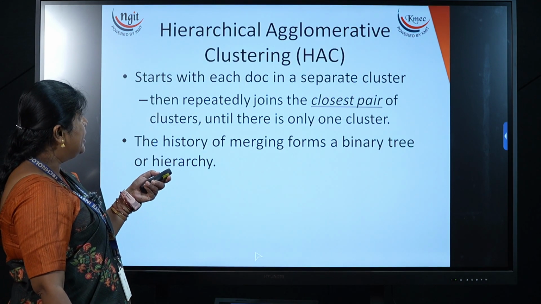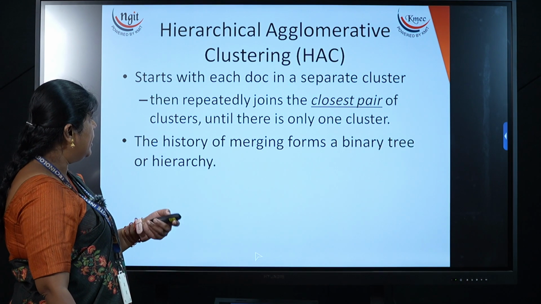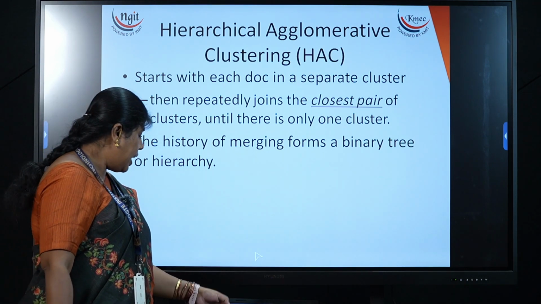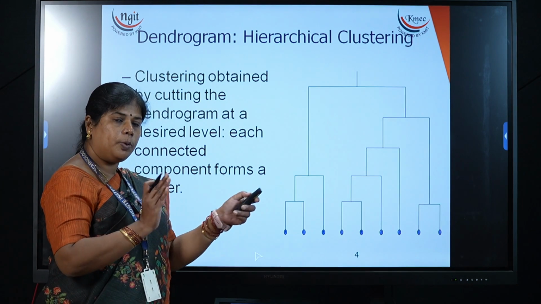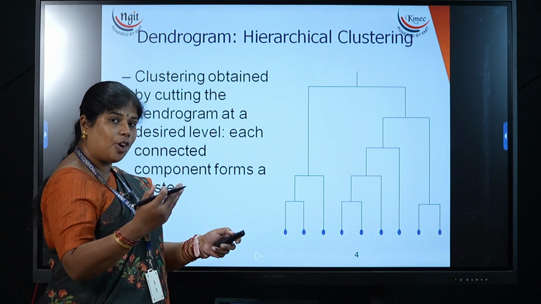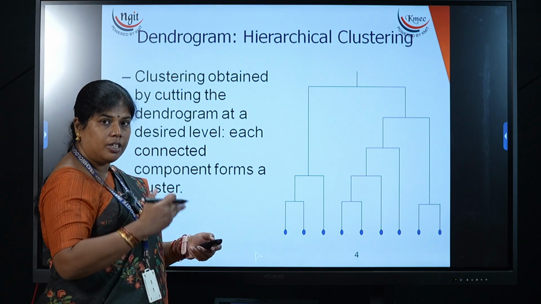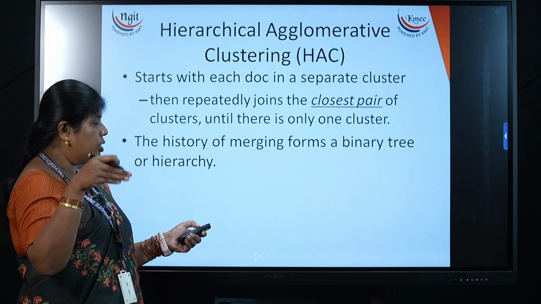Now here is hierarchical agglomerative clustering, which is in short known as HAC. As we have seen, two branches are grouped together, which means I am joining two clusters together to form a bigger cluster. I am proceeding in the bottom up direction, not the top down direction.